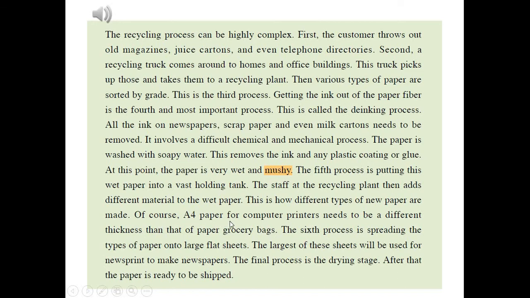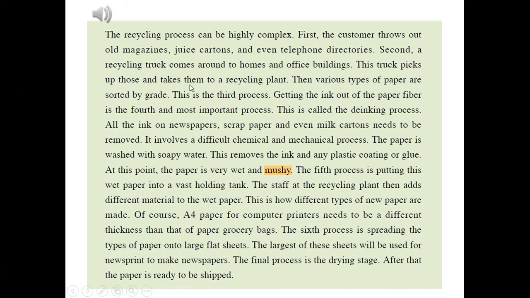Of course, A4 paper for computer printers needs to be a different thickness than that of paper grocery bags. The sixth process is spreading the types of paper onto large flat sheets. The largest of these sheets will be used for newsprint to make newspapers. The final process is the drying stage. After that, the paper is ready to be shipped.